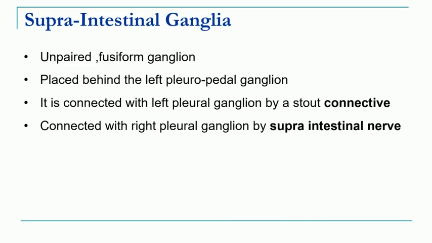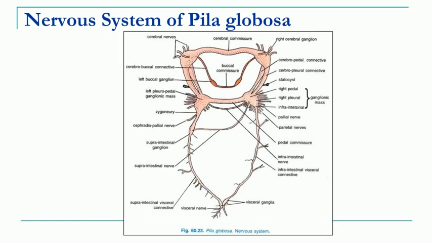Now it is connected with the left pleural ganglion by a connective. In this diagram, you can see this supraintestinal ganglion is connected with this pleuropedal ganglion. The supraintestinal ganglion is connected with the right pleuropedal ganglion by a long nerve.